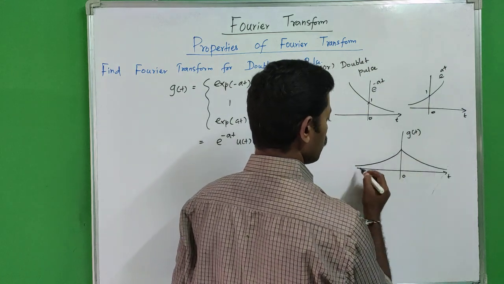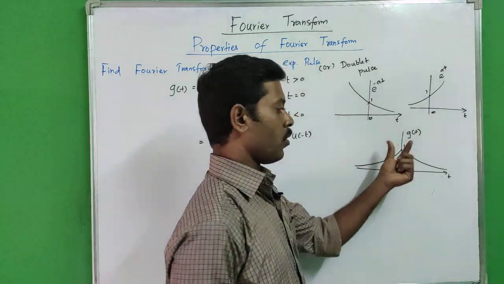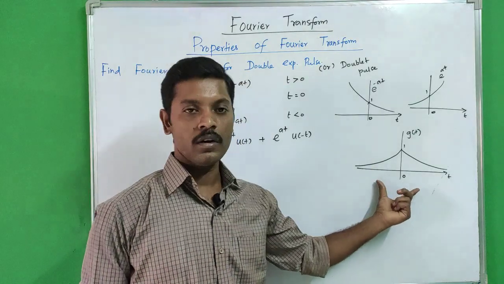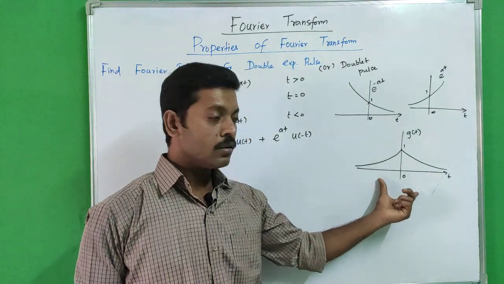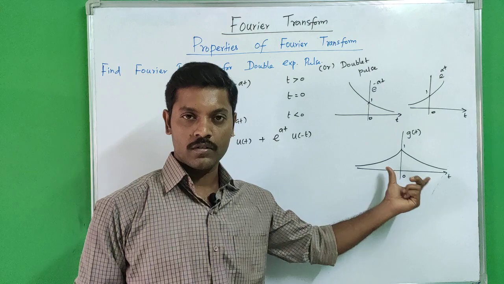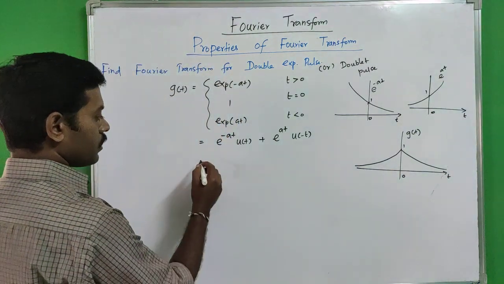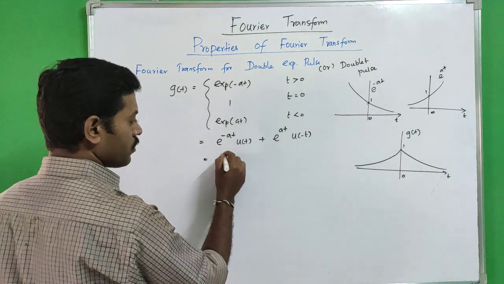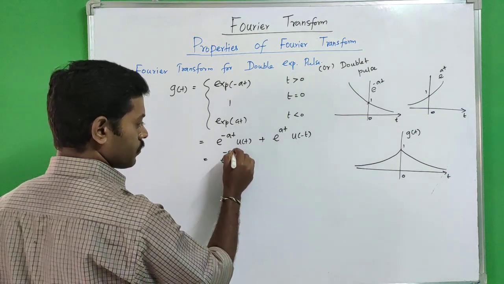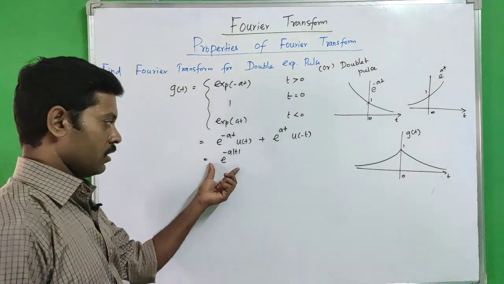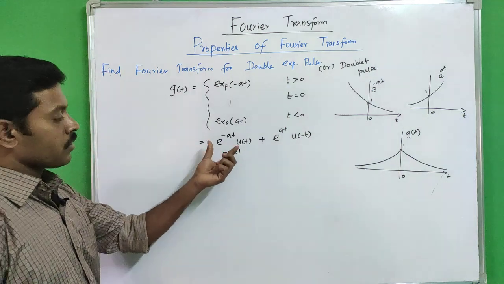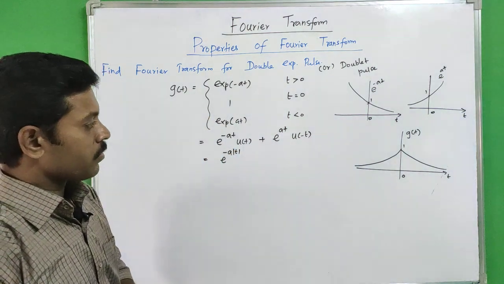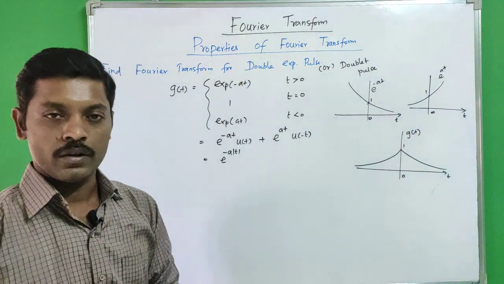At t equal to 0, magnitude is 1. So this is actually a doublet pulse. We are going to find the Fourier transform for this doublet pulse. We can also write this double exponential pulse as exponential of minus a modulus t. So this is also correct. These are the three mathematical representations of the doublet pulse.